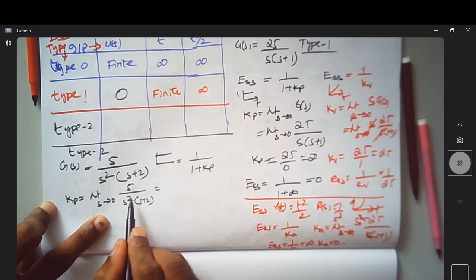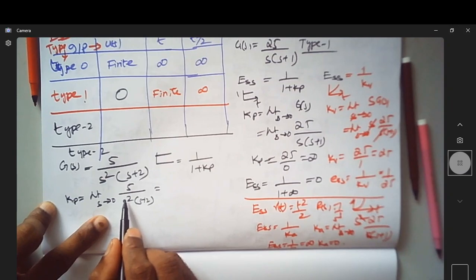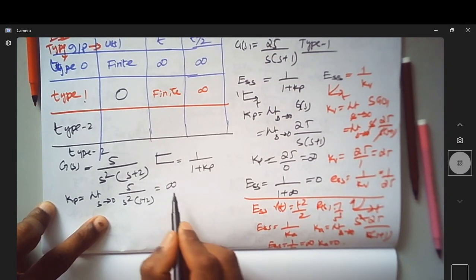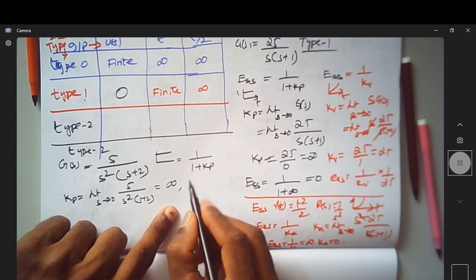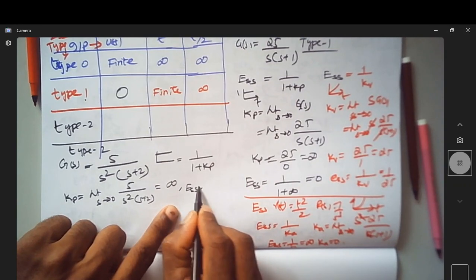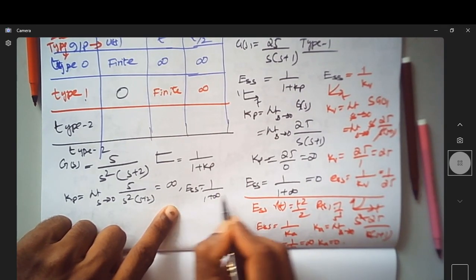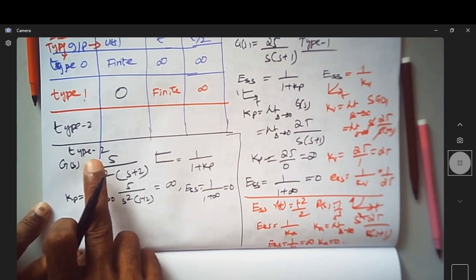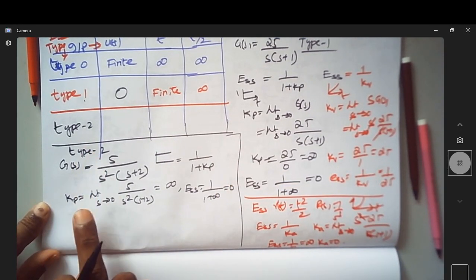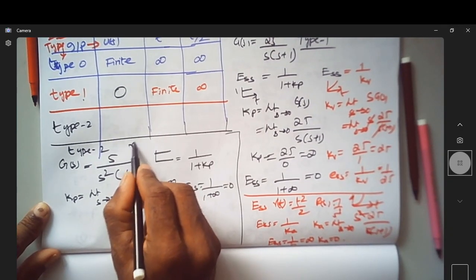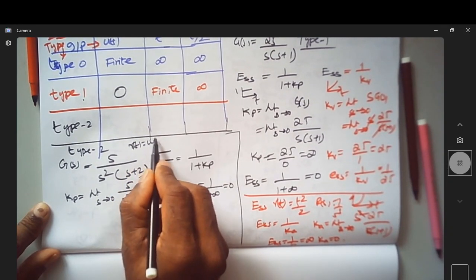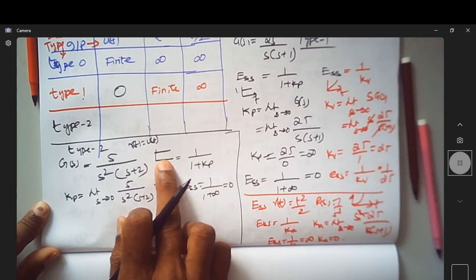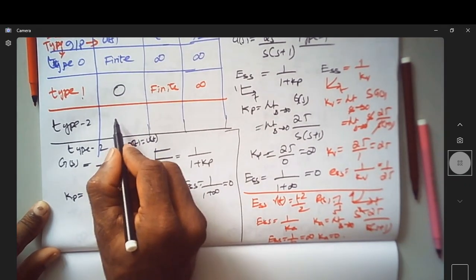So since S is tending to 0, this will become infinite. So when this becomes infinite, what is ESS? ESS is 1 over 1 plus infinity, it is now 0. So for a type 2 system, if the input is a step input, the error is 0.